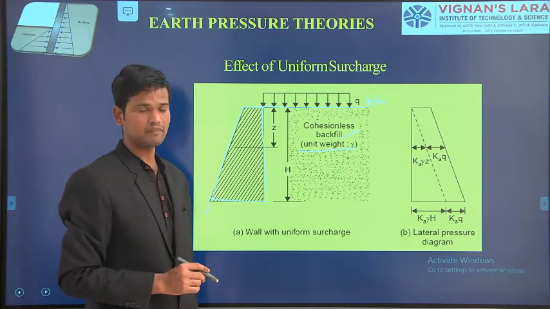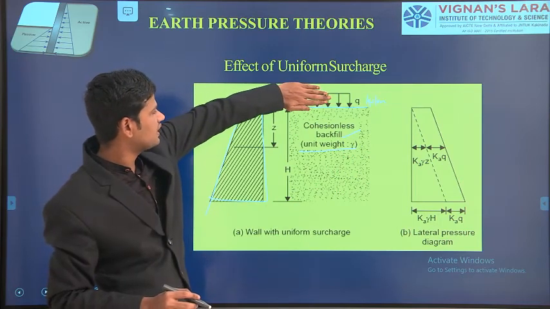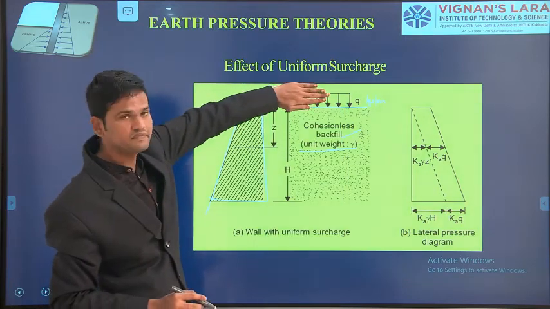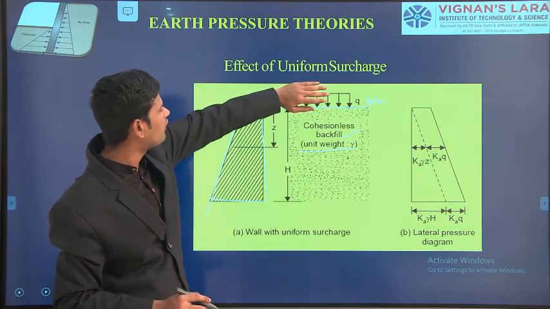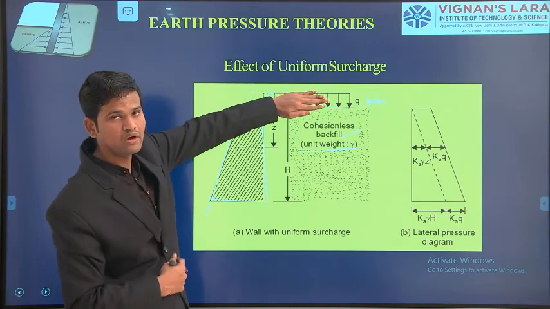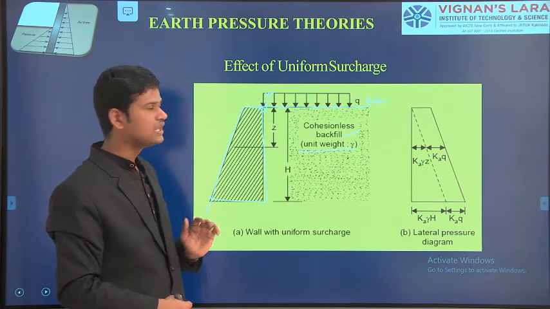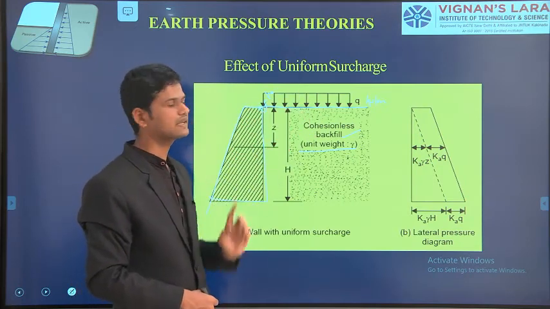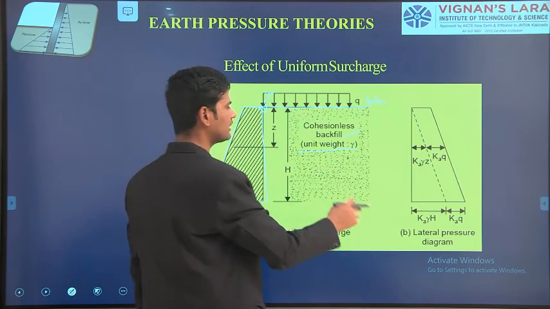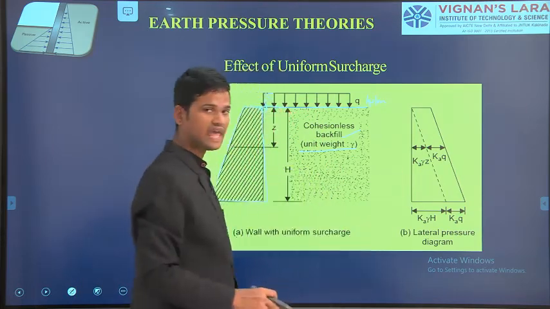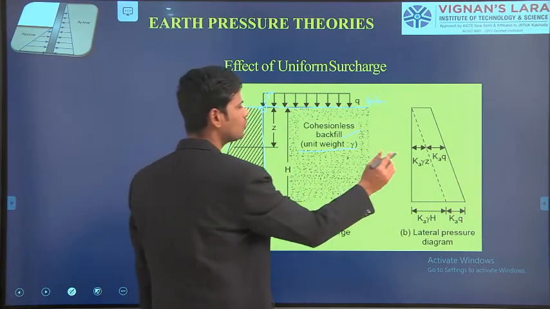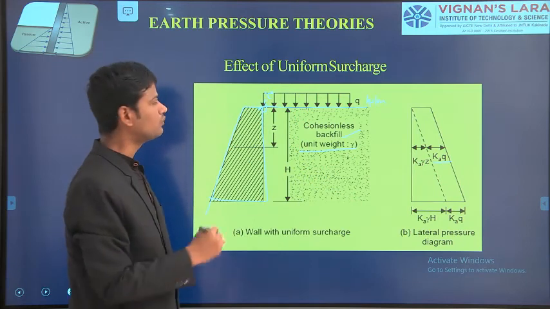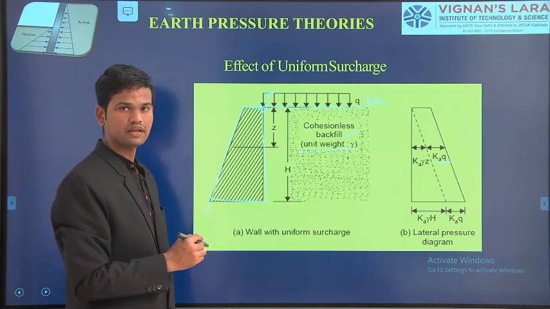If there is no presence of any uniform load or surcharge on the retaining wall, we already know how to calculate the earth pressure. The only difference is that some amount of load is given acting on the retaining wall. We have to substitute the coefficient of earth pressure with respect to the uniform load given on the retaining wall.